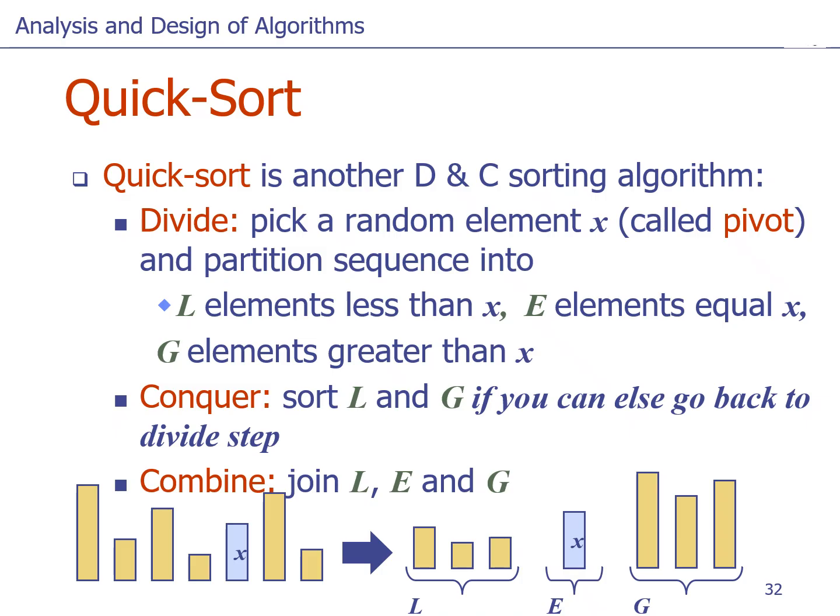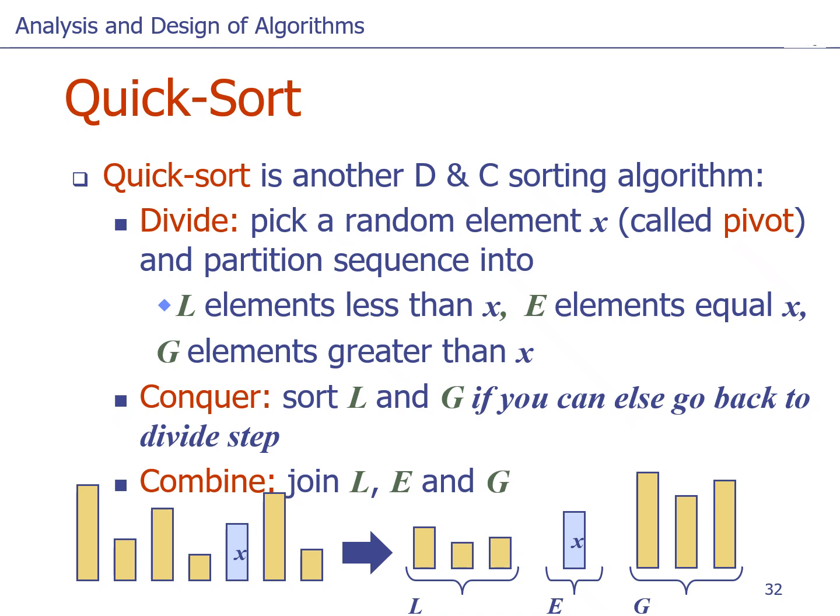Because regardless of what you do to L members, you will never make any one of them exchange its location with X, because all of them are less than X. And whatever you do to the G set, you will not move any member in the G set to be in X's location or before X. What this means is that X is in the right place. But the L and G are not sorted. So we're going to apply the same logic over and over until we're done.